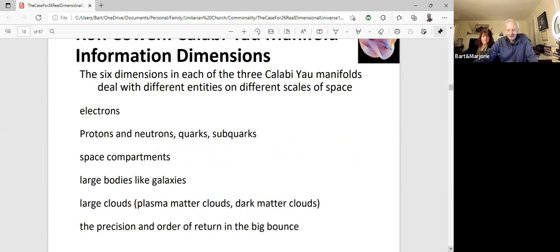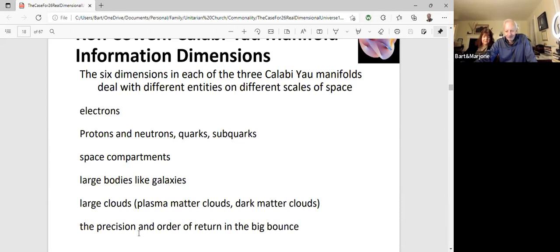for each of these 3 subspaces that are compactified. One of the dimensions deals with electrons, one with protons, neutrons, quarks, and subquarks. One just deals with the space compartments, which themselves have special rules. Space is an integral part of this, and I'm going to come back to space in a little bit. But then there are dimensions that deal with things far away, like galaxies, or the interstellar clouds between the stars.